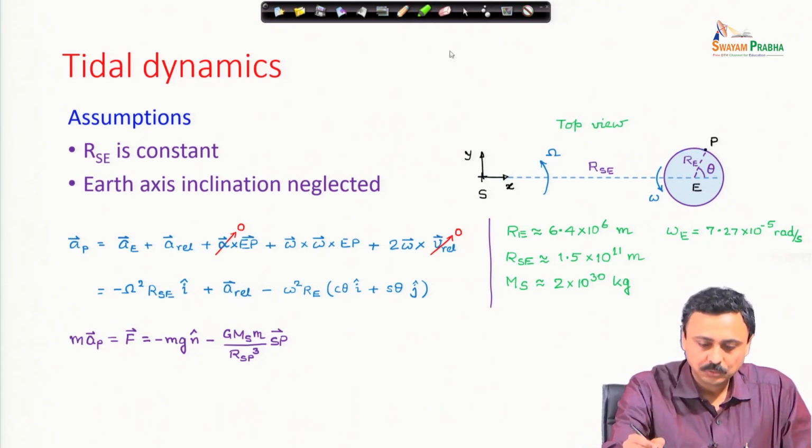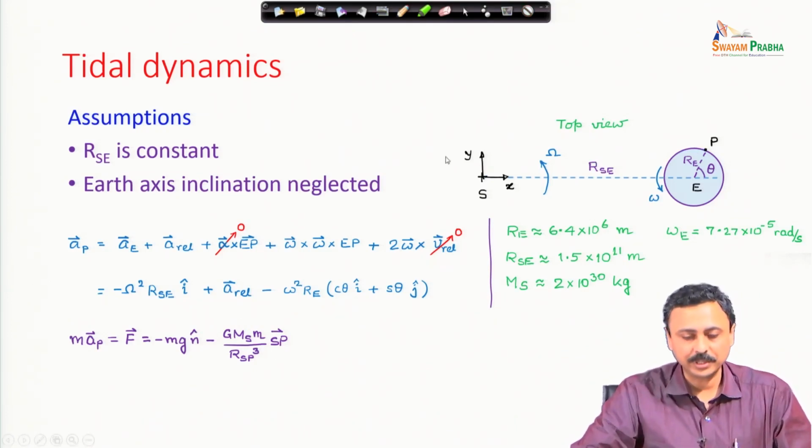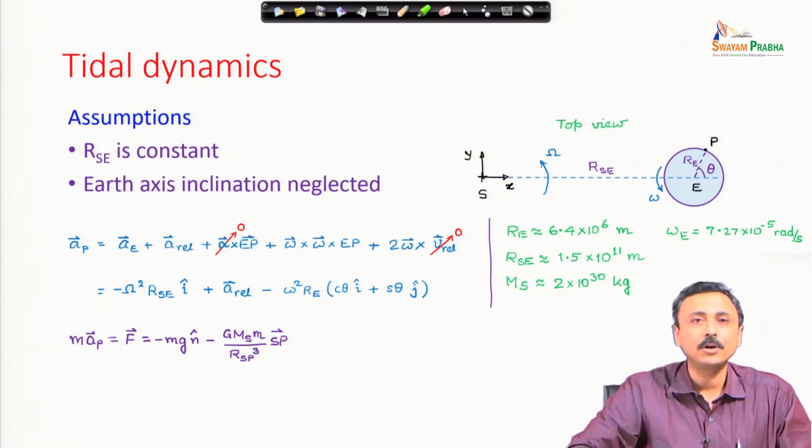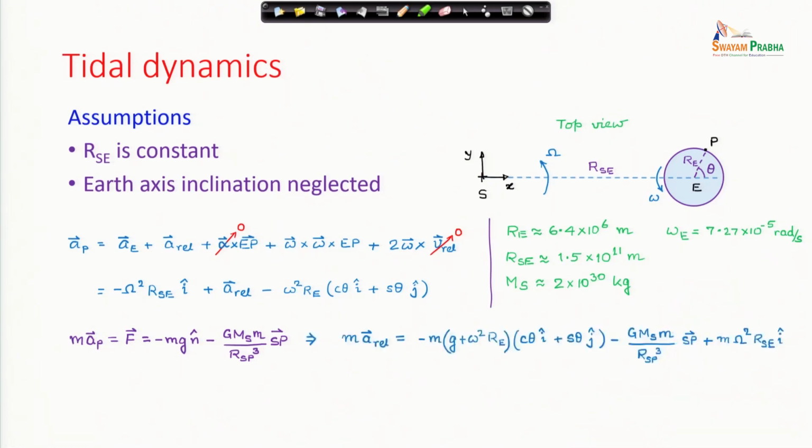Now, we are going to express these quantities. I am going to plug in the value of acceleration of p and separate out mass times acceleration, relative acceleration. Why this?